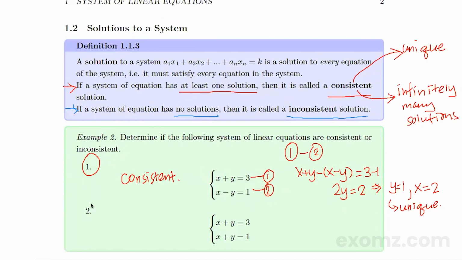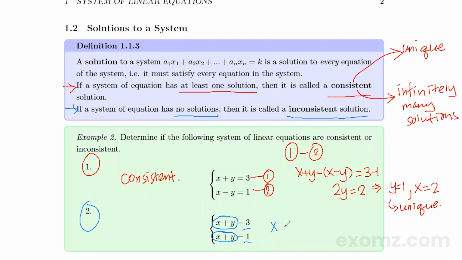Now, let's take a look at example 2, case 2 right here. Again, we have two equations, x plus y equals to 3 and x plus y equals to 1. However, if you take a very close look at these two equations, you will see that on the left-hand side, they're both x plus y. However, on the right-hand side, one equation is telling you that x plus y equals to 3, and the other equation is telling you that x plus y equals to 1.